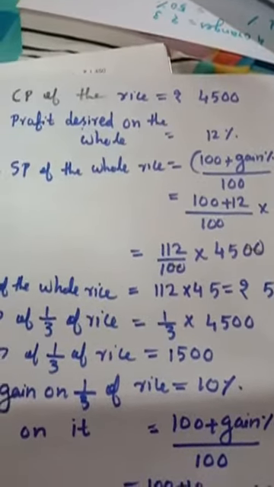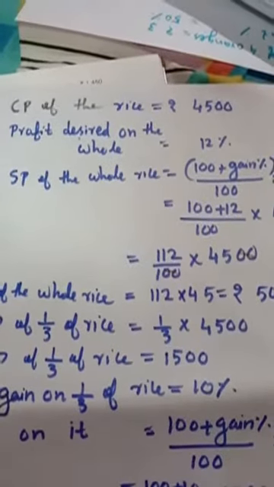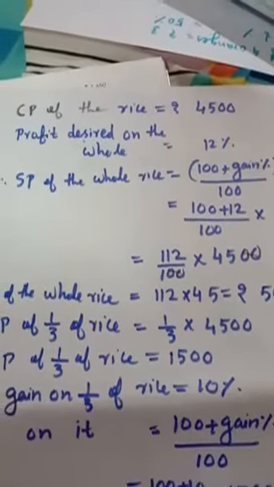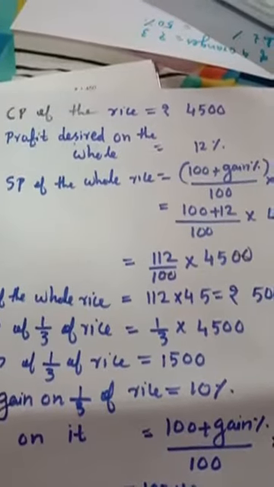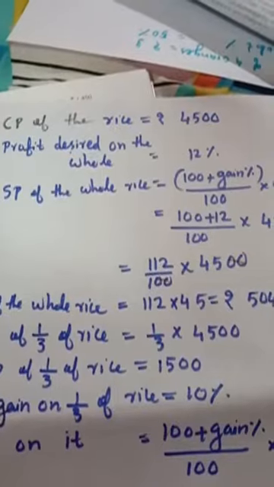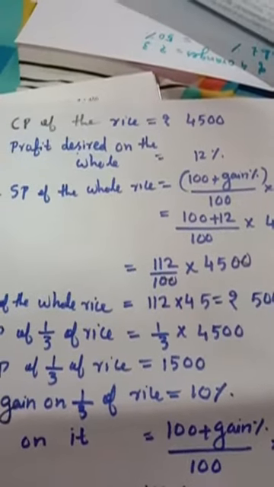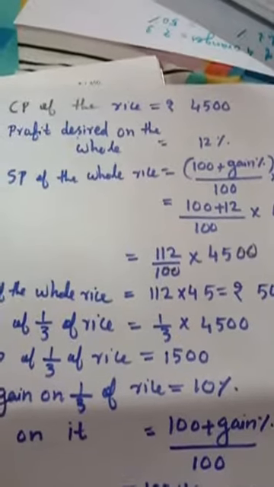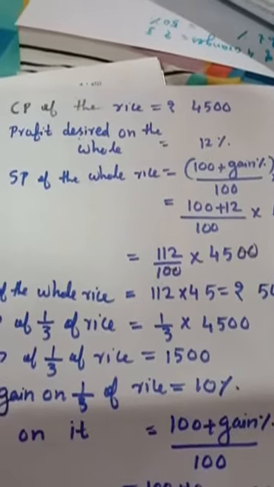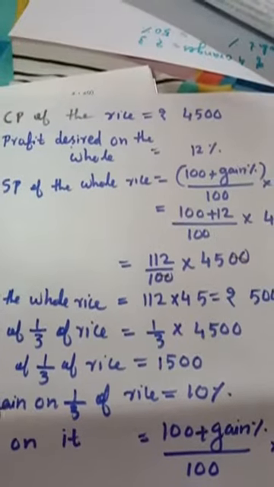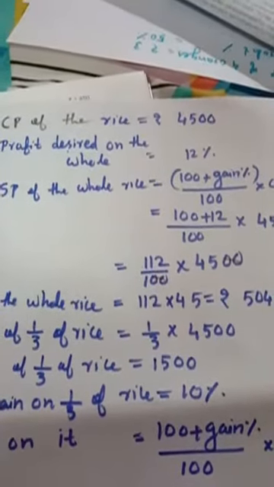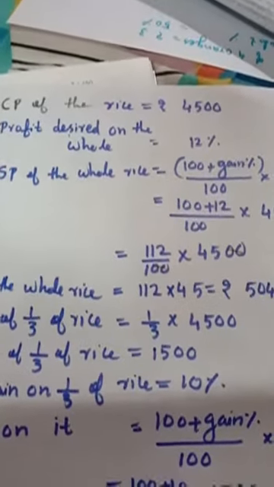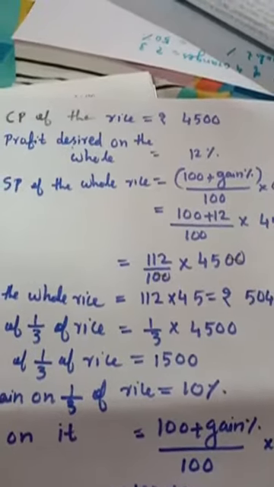At what price does he want to sell the whole rice? CP of the whole rice is 4,500 and for the whole rice he desires 12% profit. But he sold only 1/3 at a profit of 10%. Again 2% is there. Total profit is 12%.